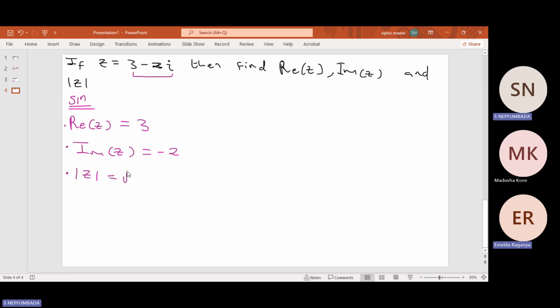And the modulus of Z is nothing but equal to what? The square root of x squared plus y squared, which is going to be our x is 3 to the power 2 plus our y, minus 2, to the power 2. Then what is our solution?